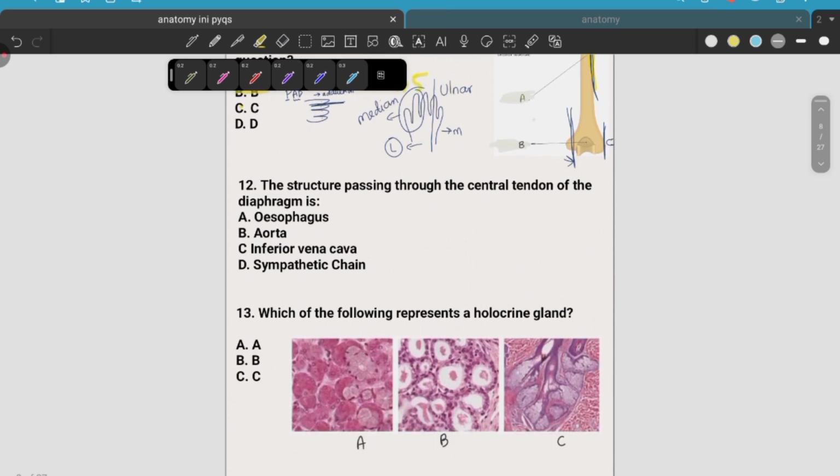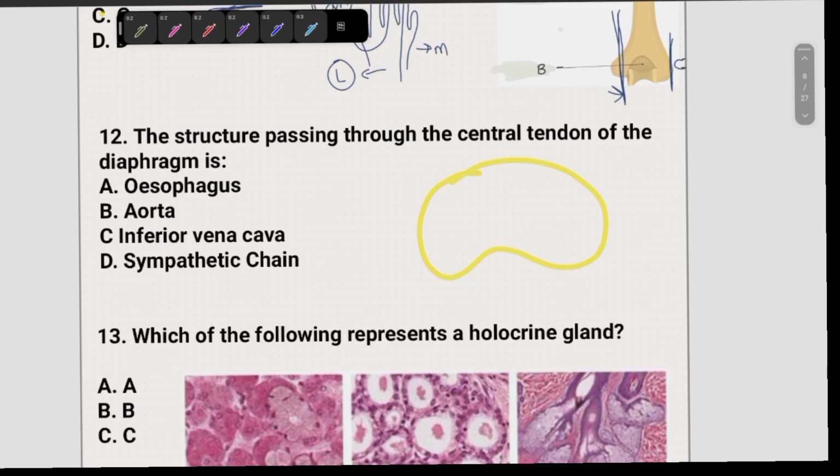Next, coming to the question: which is the structure that passes through the central tendon of the diaphragm? We draw the diaphragm. Three openings are there. The first opening is in the central tendon only, that is for the inferior vena cava.